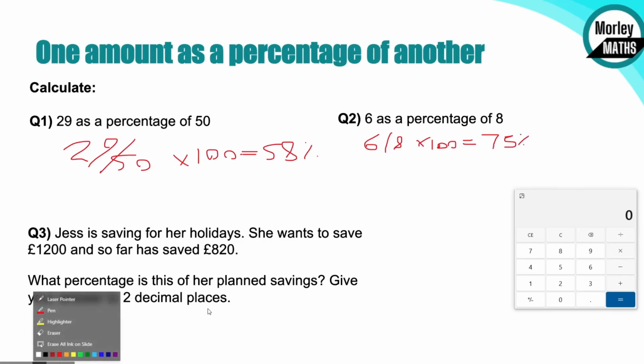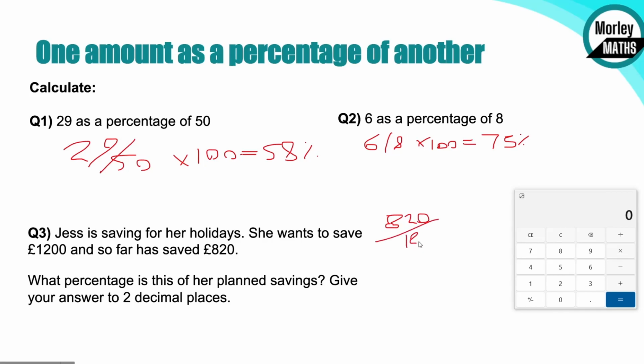Okay, so we've got this contextualized question for the next one. Jess is saving for her holidays and she wants to save £1,200. So far she's saved £820. What percentage is this of her planned savings? Give your answer to 2 decimal places. So we need to do a bit of rounding. So we'll start off with 820 divided by 1200 and then times it by 100.